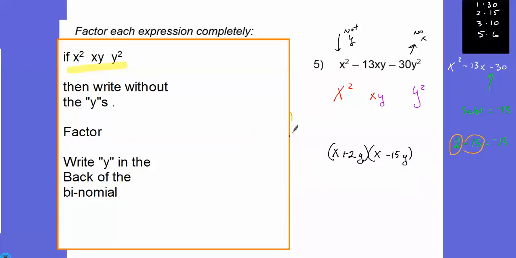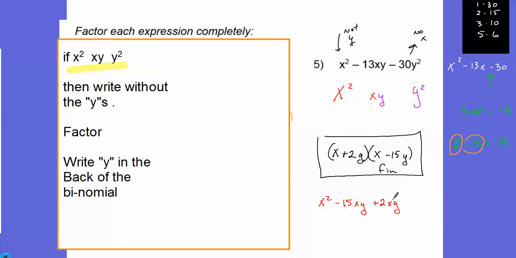Now, if I were to multiply this back out, I am now finished. If I were in fact to multiply this back out, x times x would give me x squared. x times negative 15y would give me negative 15xy. 2y times x will give me a positive 2xy.